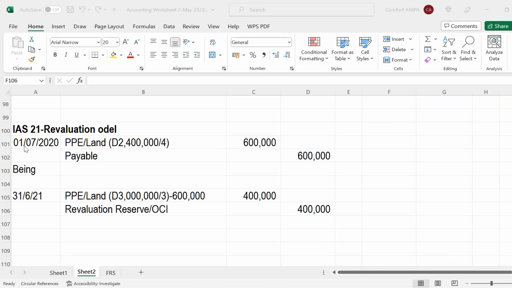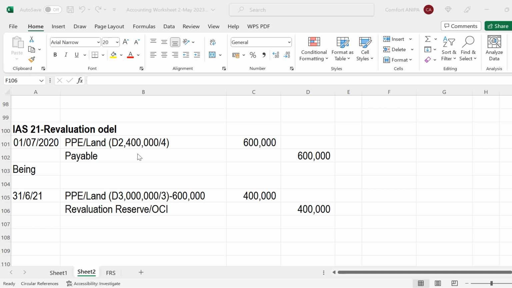So here on 1st July, we convert the value of the land from 2.4 million dinars at 4 to 600,000, and therefore we debit land 600,000 and credit payable or cash. If for any reason it's indicated that it was acquired on credit, then that's where payable will come in.